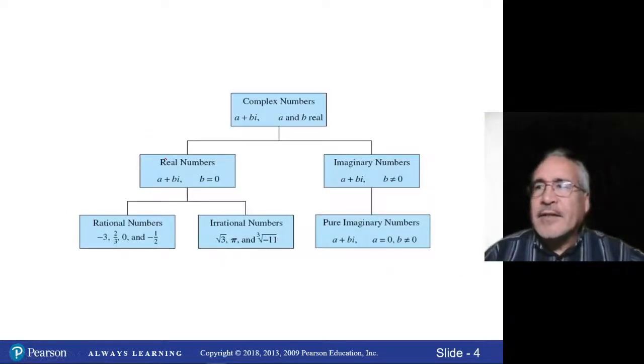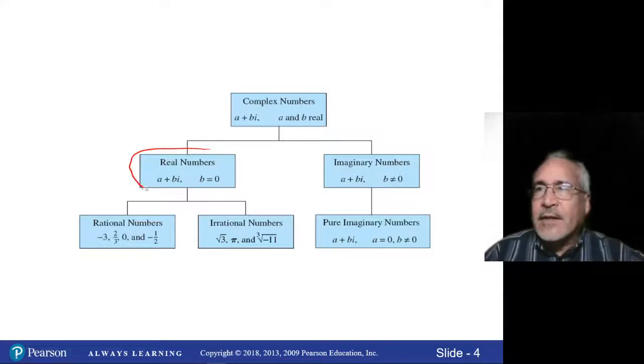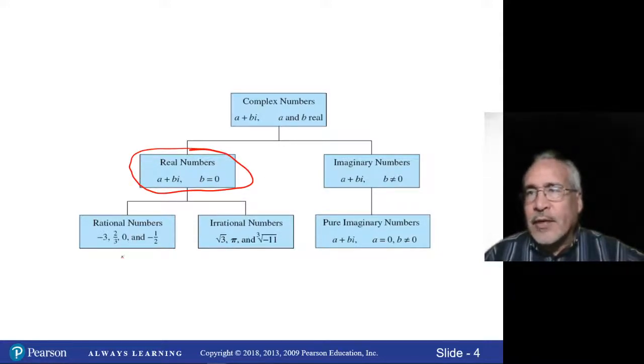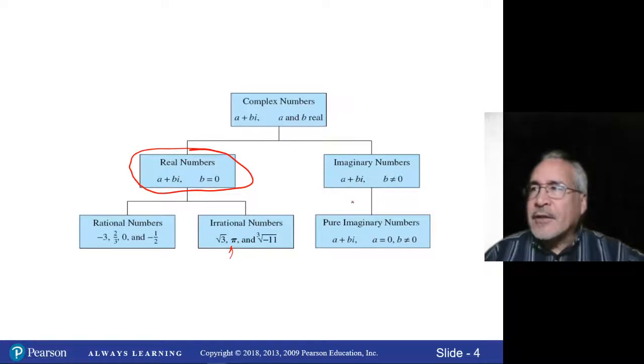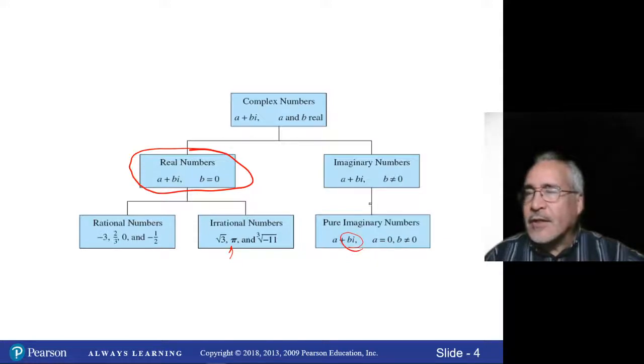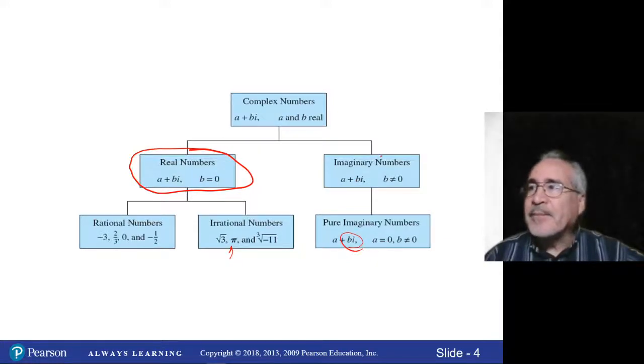So mostly what we've been dealing with in this class have been real numbers, which are broken up into rational and irrational. Things like pi are irrational. But now look at the numbers we're able to deal with. We deal with purely imaginary numbers, which basically have only an imaginary part, because a is 0, so really it's just some number times i.